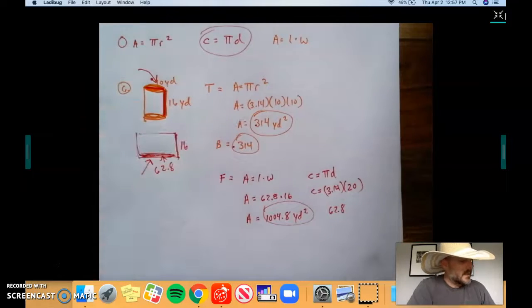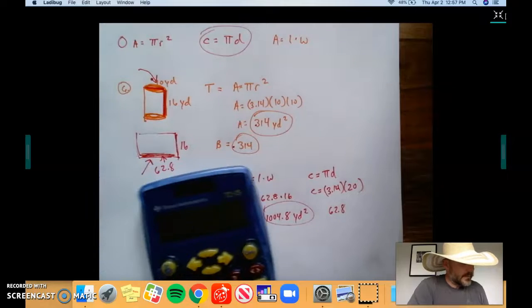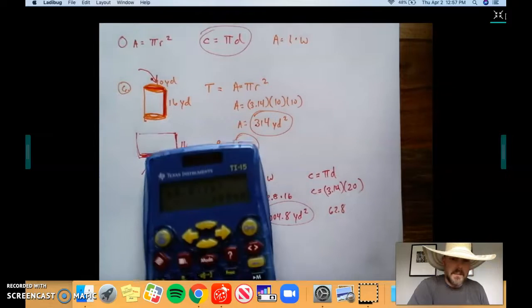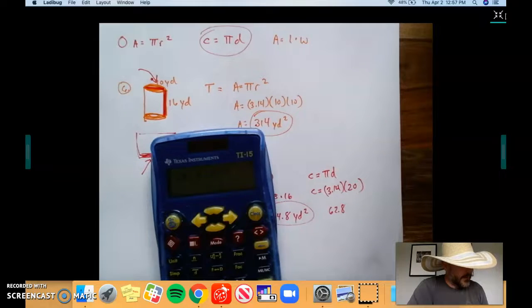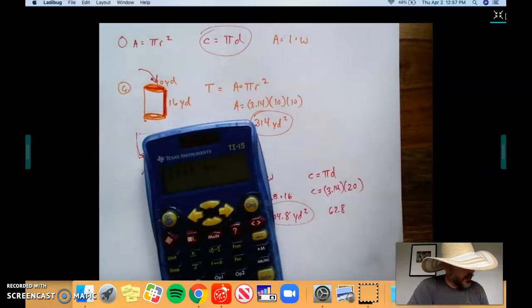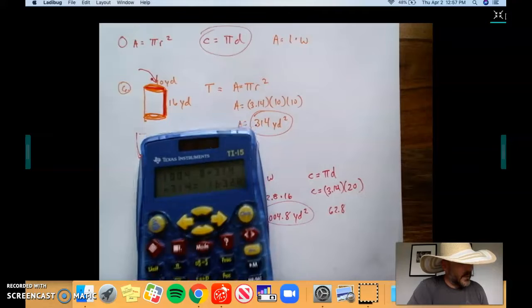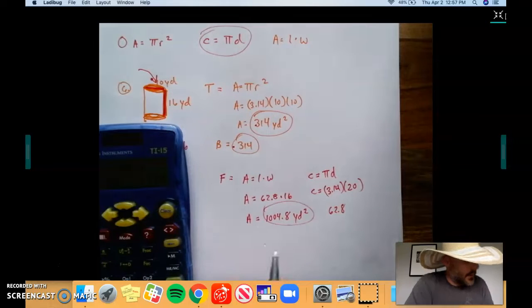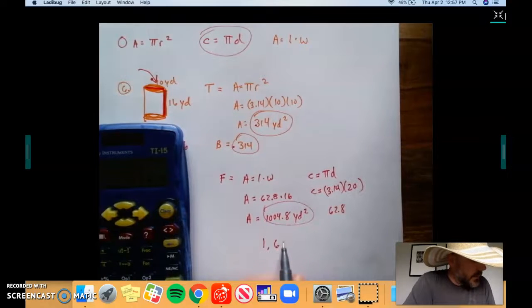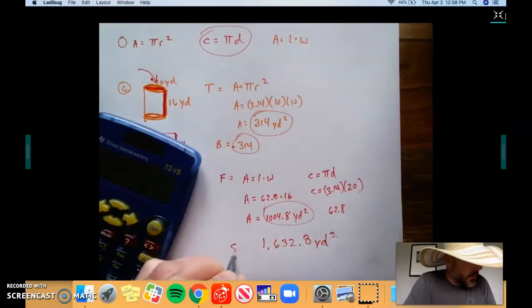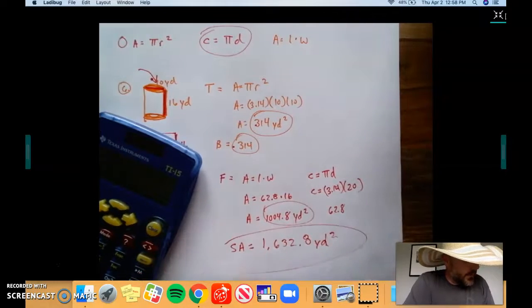So I'm going to add these together: 1004.8 plus 314 plus 314 gives me 1,632.8 yards squared. And that is the surface area of the cylinder.